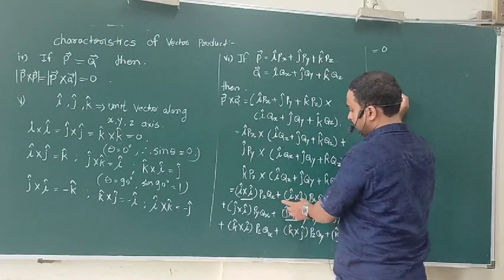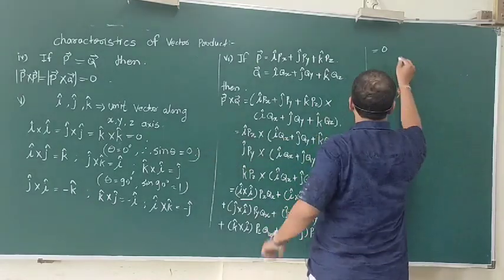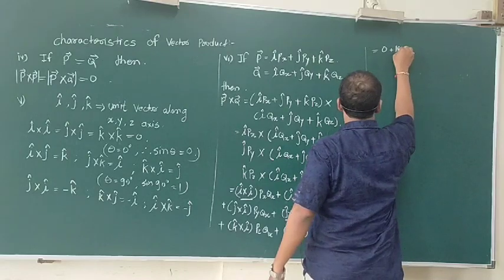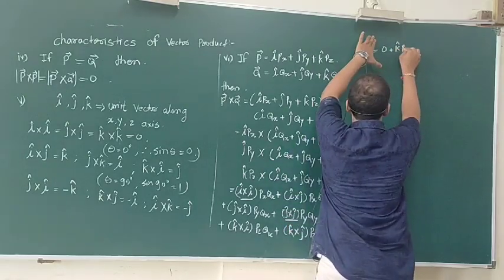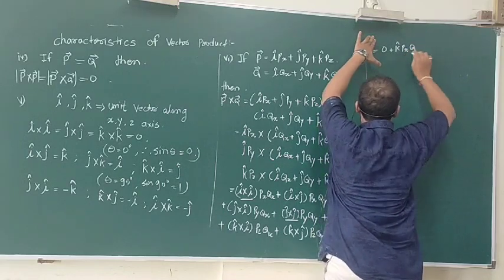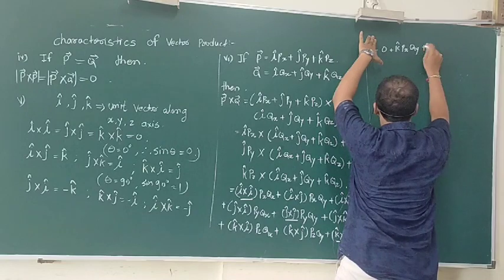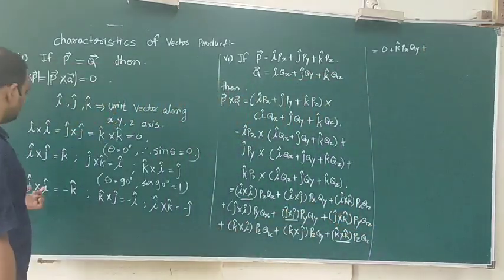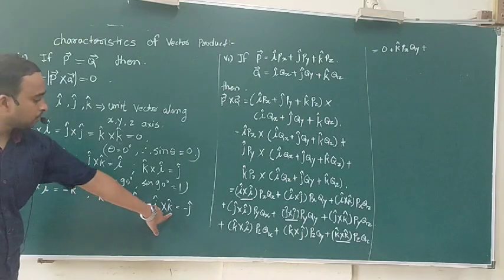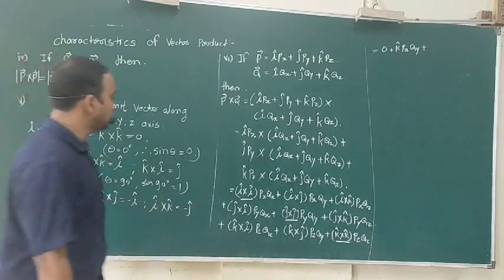So we can write first term is 0. See here, i cap cross j cap, that means k cap into px qy, plus i cap cross k cap is equal to minus j cap.